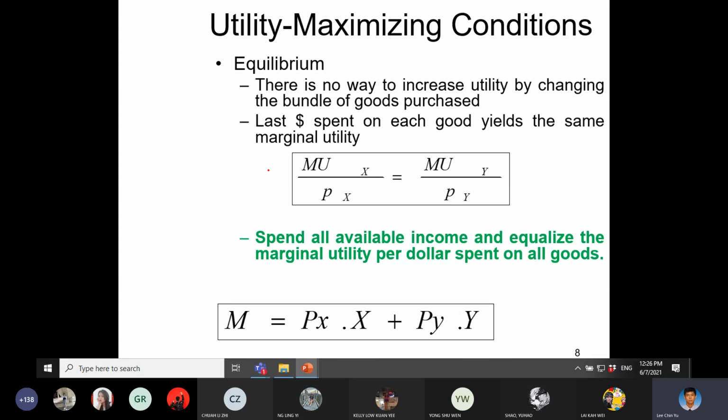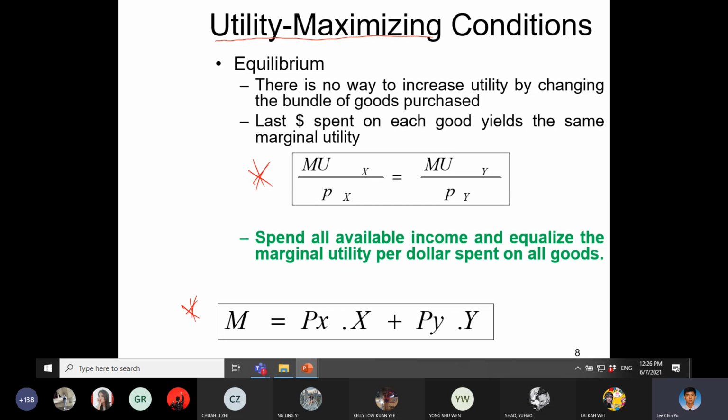These two conditions must be satisfied in order to achieve utility maximization. These are the two conditions we need to know.